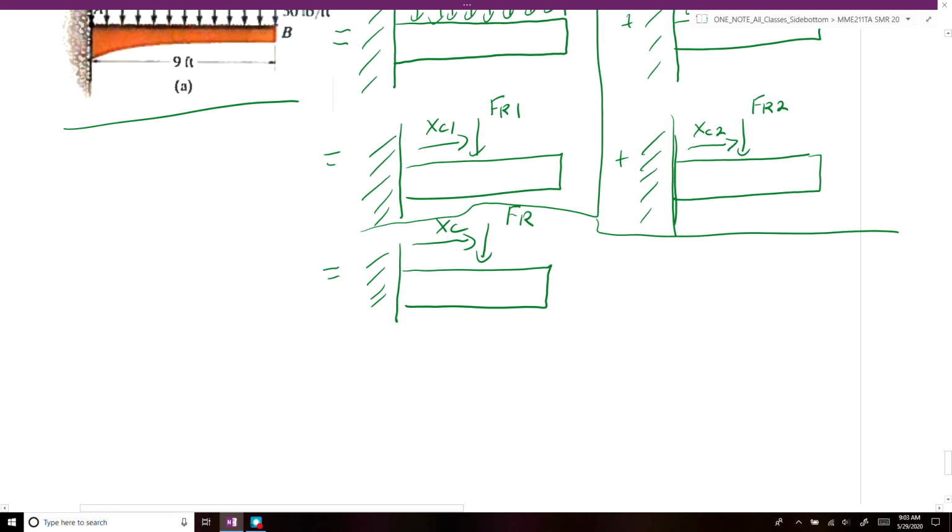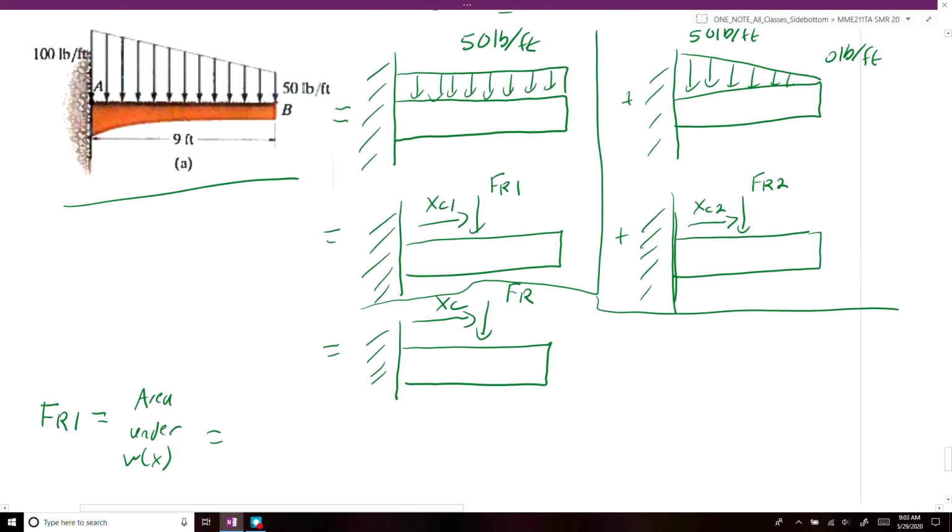What we need to do is find FR1. FR1 is going to be equal to the area under the distributed load curve. In this case, we have a rectangular distributed load, so it's going to be equal to 50 pounds per foot times the total length of our beam from point A to B, which is 9 feet.